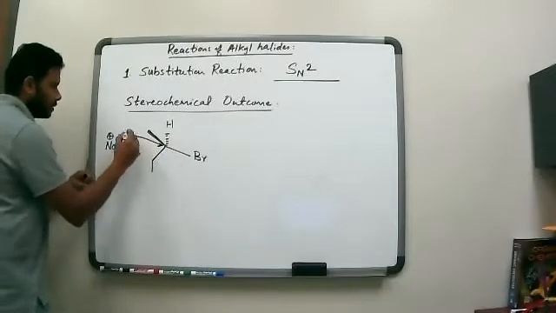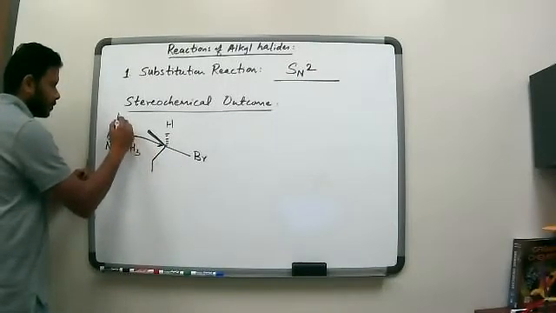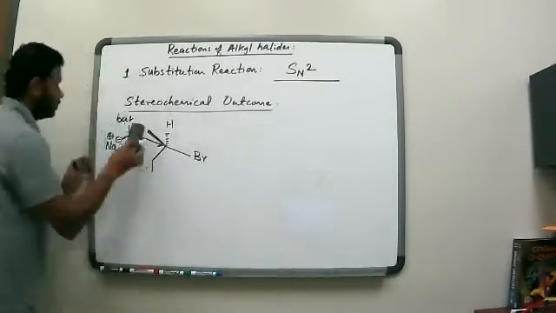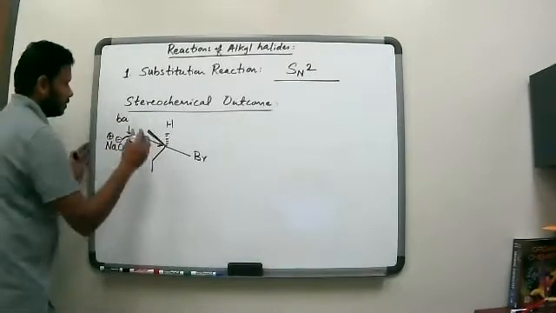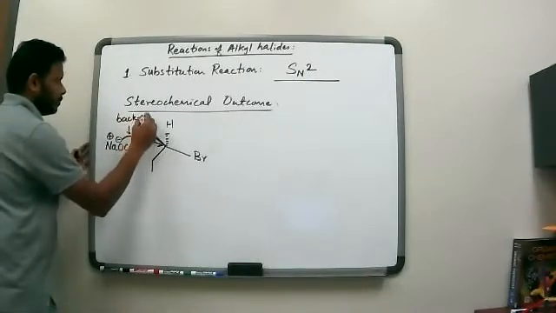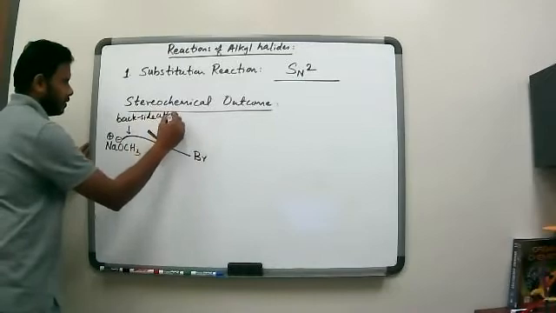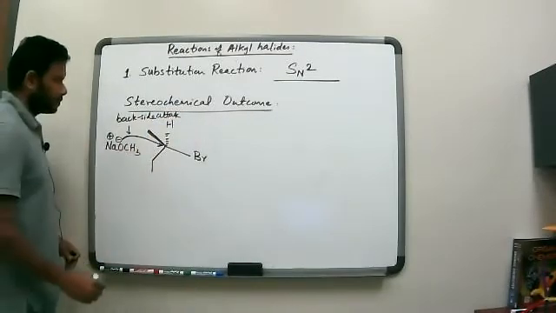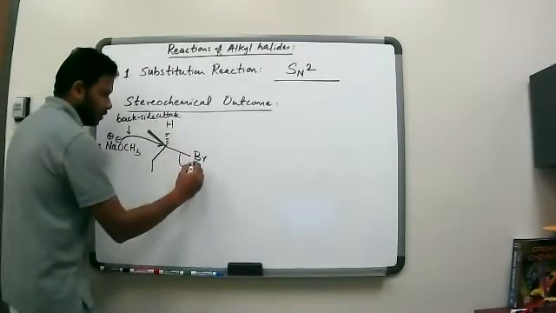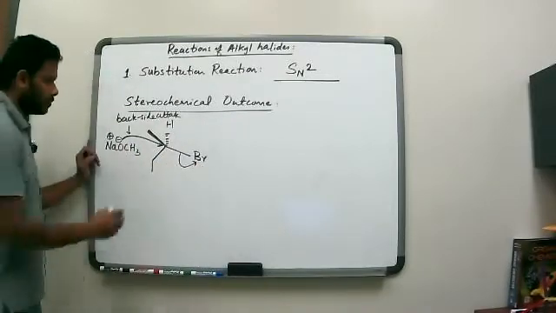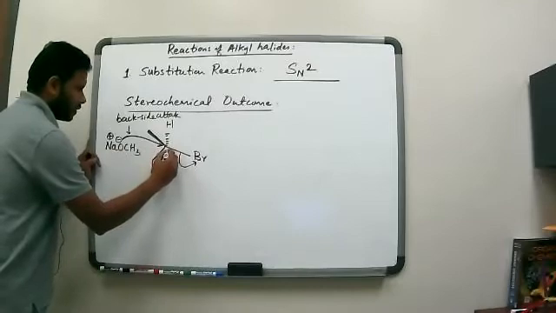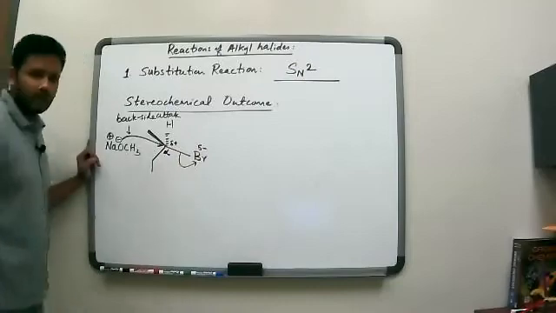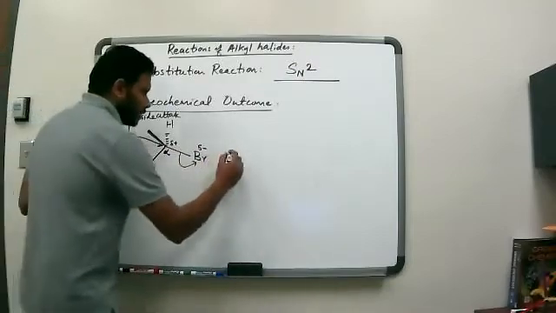So this is a backside attack, comes in from the backside, bromine leaves at the same time. This is our alpha carbon, and this is delta positive, the bromine is delta negative. All of those things are still there.